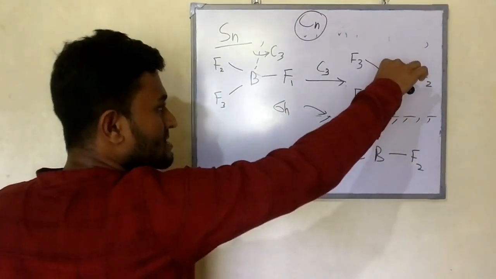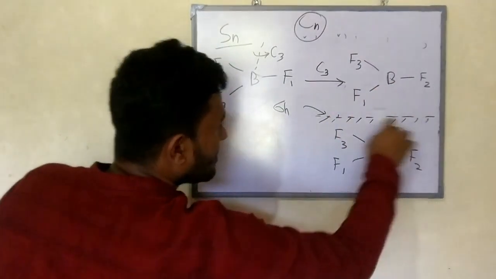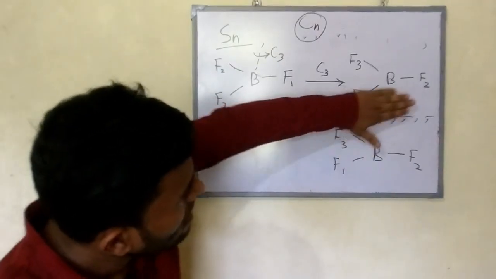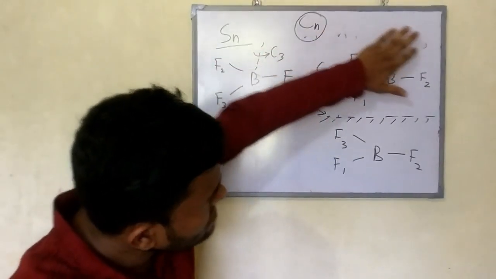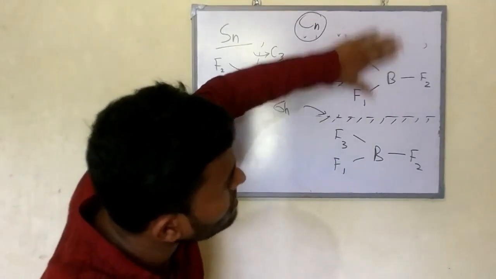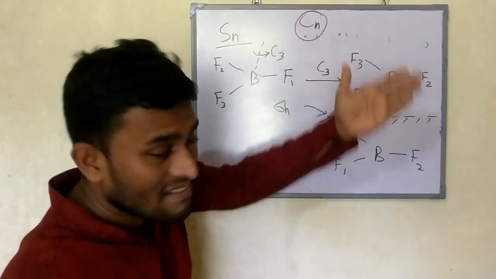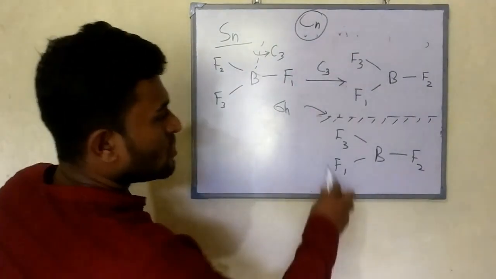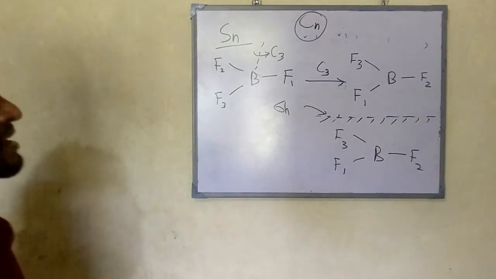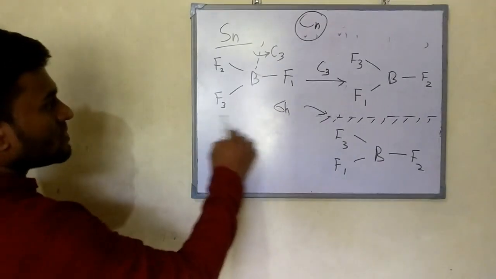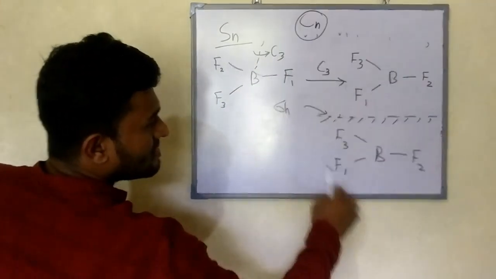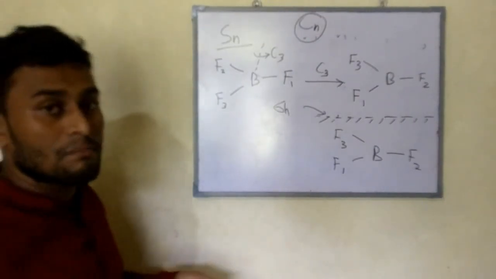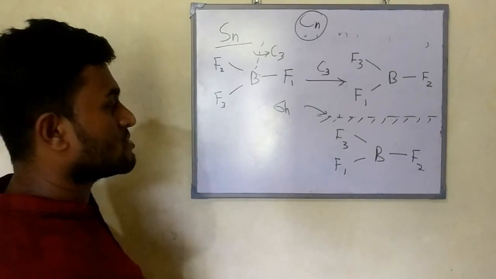Because this is the rotation axis and you are putting a mirror like this, that mirror goes through half of these three F atoms and half of the middle atom. That means it will divide the molecule into two halves. So the same molecule will come. If the original one and your resultant one are the same, then you can say improper axis symmetry is possible.